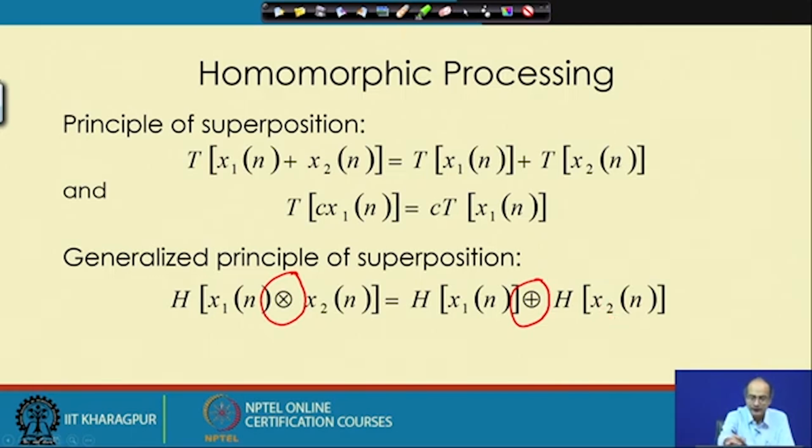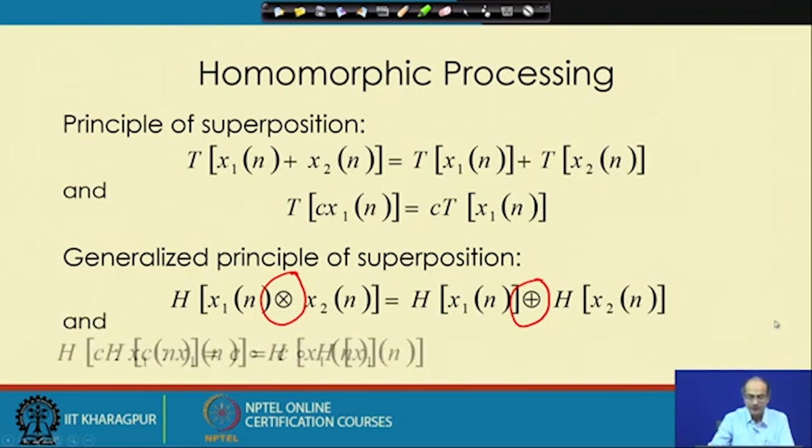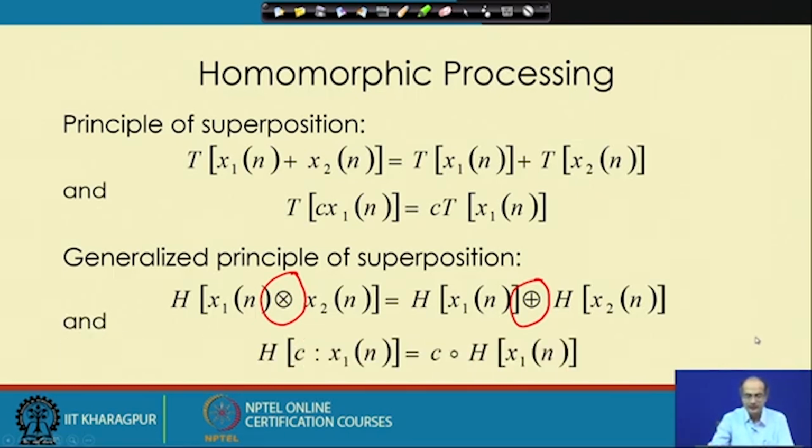Same way for the scalar also, we have something defined. First, in the input space we have something, colon, an operator which is defined for one scalar and one vector x 1.